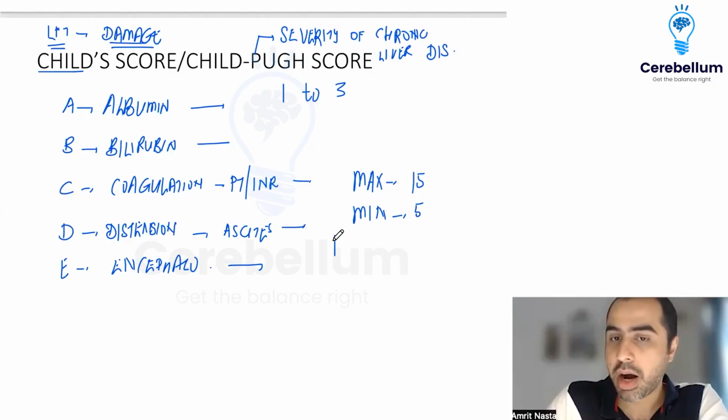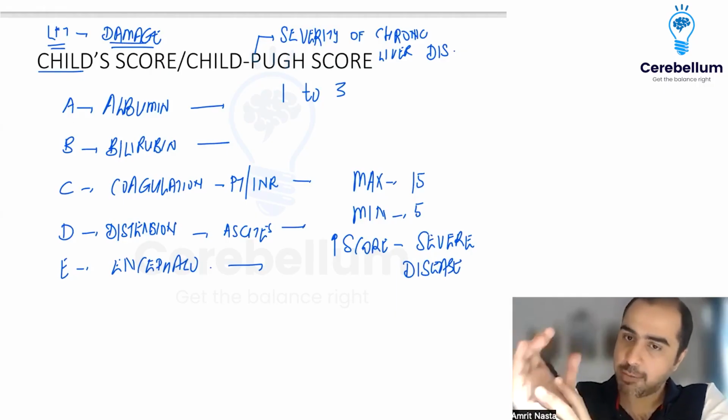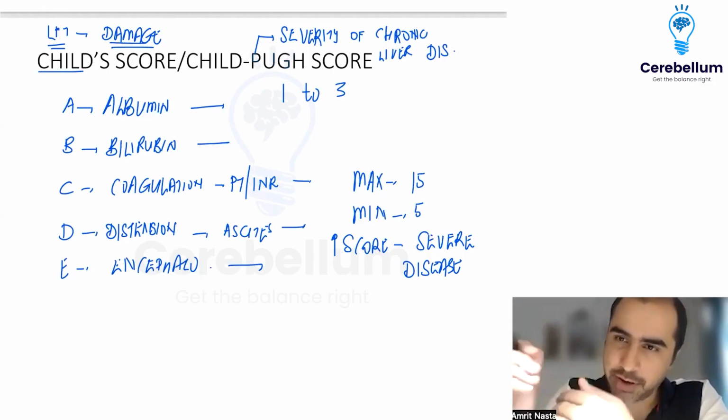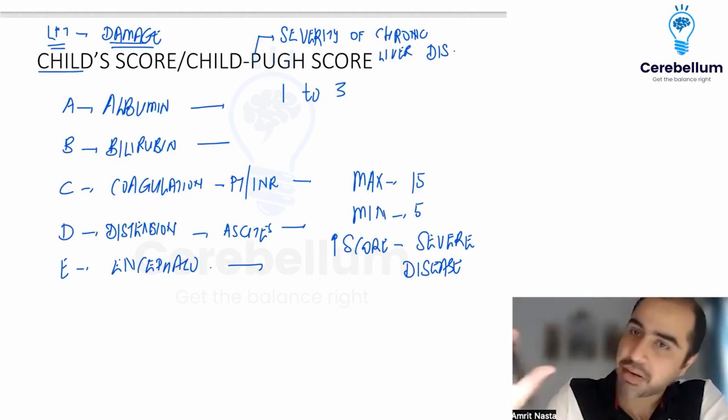Understand, the higher the score, the more severe is the chronic liver disease. This is what you need to know. If my score is 5 or 6 out of 15, good. If it is 7, 8, 9, moderate. 10 or more, severe.